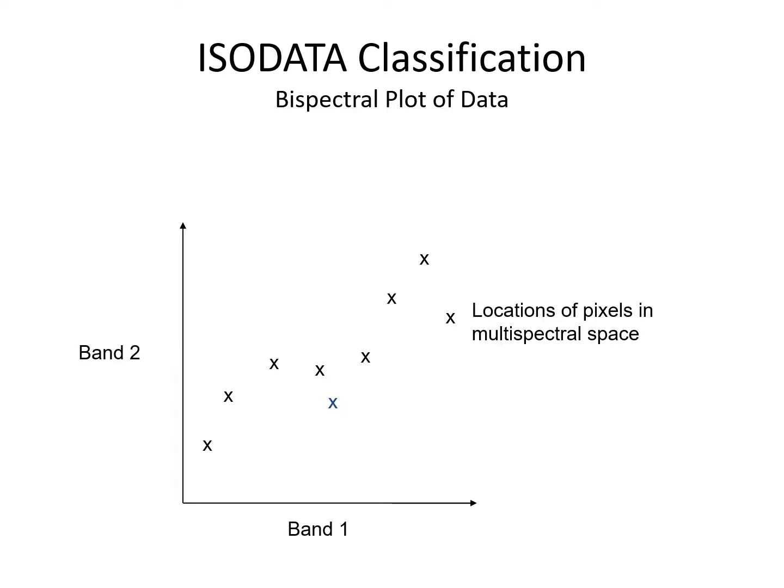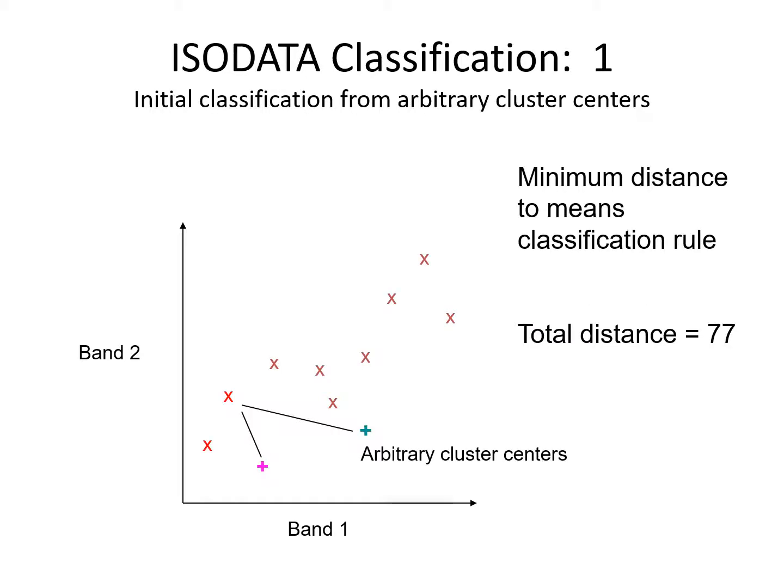I don't know that these are the best examples of how to explain this. This is what I have, and so I'm going to try to work with it. So you have these locations of pixels that are in this multispectral space. In this example, we're looking at 2 dimensions defined by 2 different electromagnetic bands. And the way this will work is that you'll identify some cluster centers.